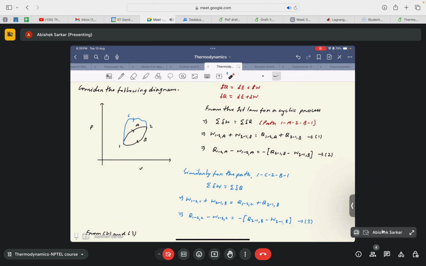I hope this is clear. It's just simple transferring and rearranging of terms. This gives us equation 2.